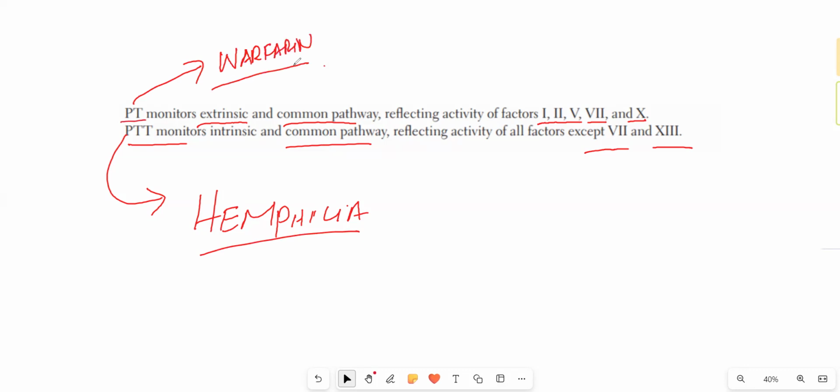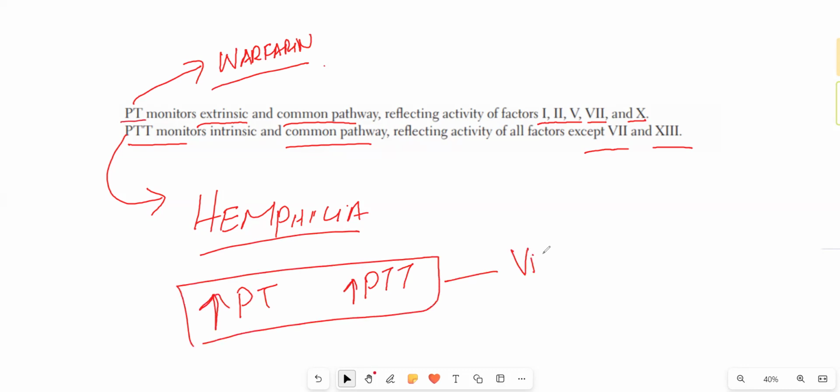Okay. Both PT and PTT are raised in vitamin K deficiency. That is again very high yield.